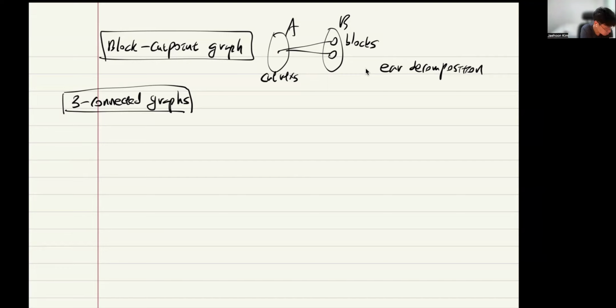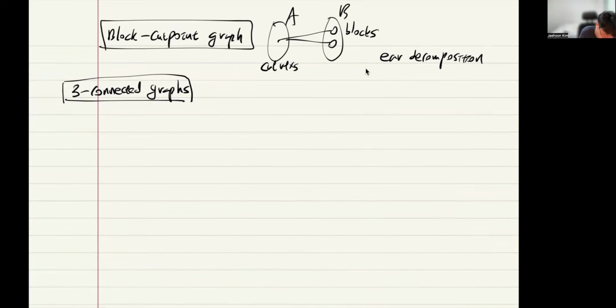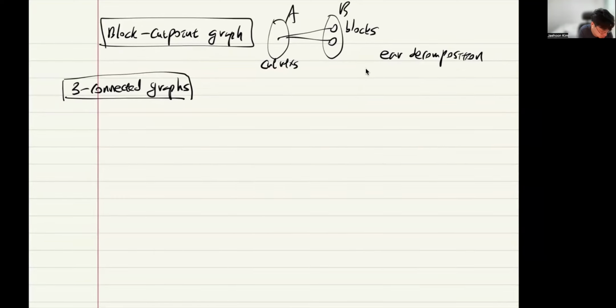And in order to discuss this in a more convenient way, we want to first define the following operation, which is the inverse operation of the vertex K-split. So what is the vertex K-split? You have a vertex, then you split it into two adjacent vertices.